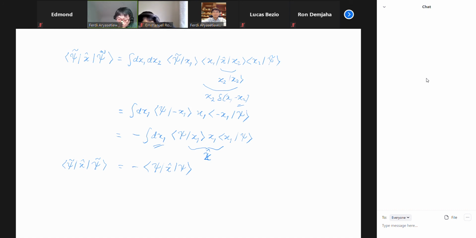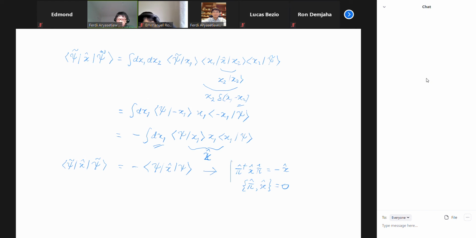So this implies then that pi dagger x pi is equal to minus x, or they anticommute, which is kind of expected.